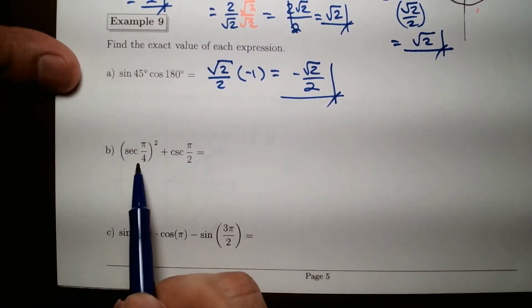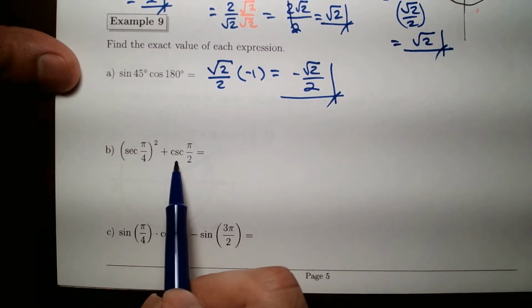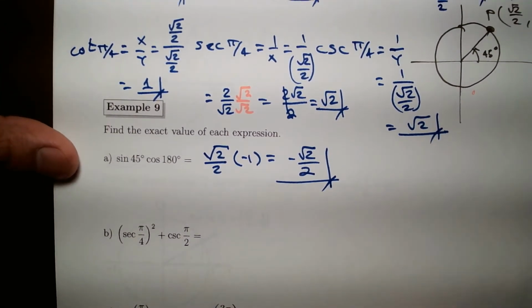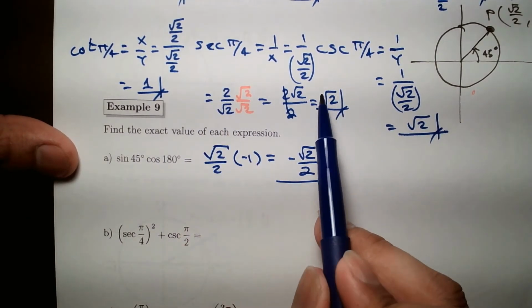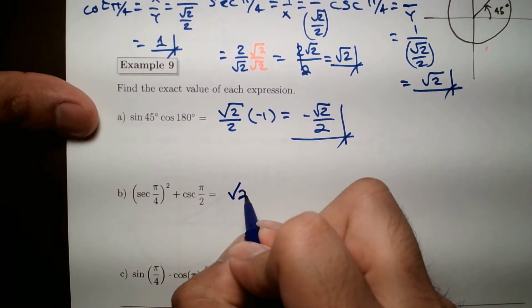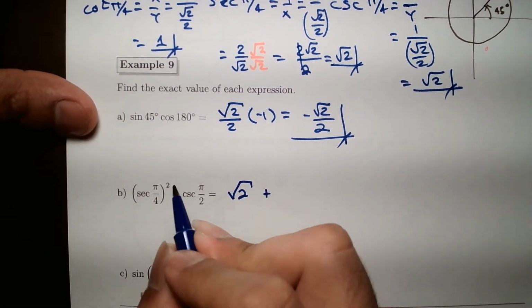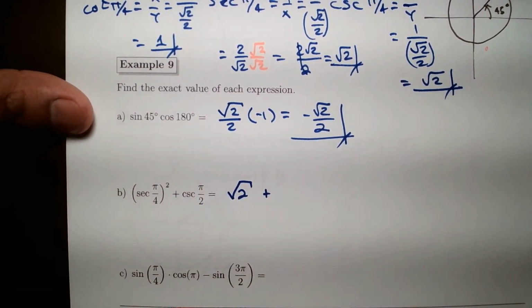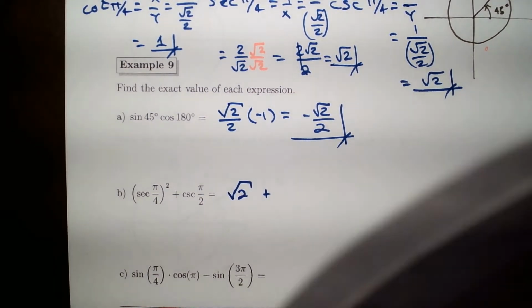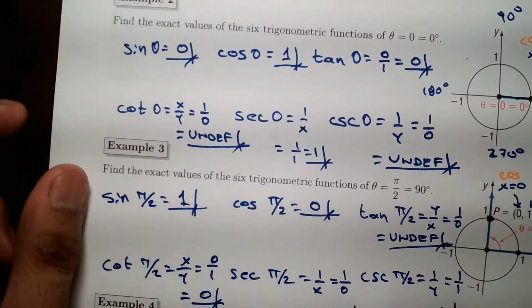Secant of pi over 4 plus cosecant of pi over 2. Well, what is secant pi over 4? We already did it here. Secant pi over 4 is simply root of 2, plus cosecant of pi over 2. We did that a couple of pages ago.